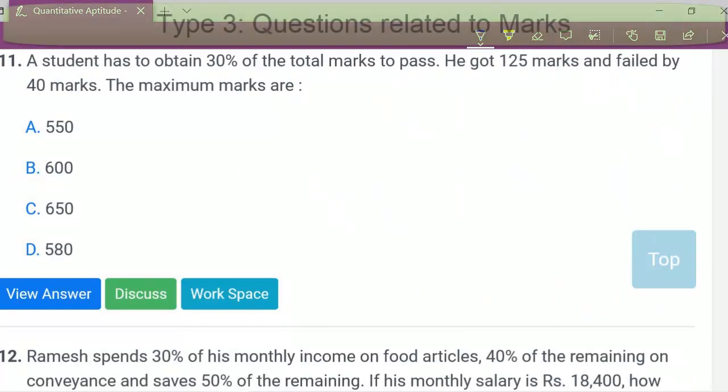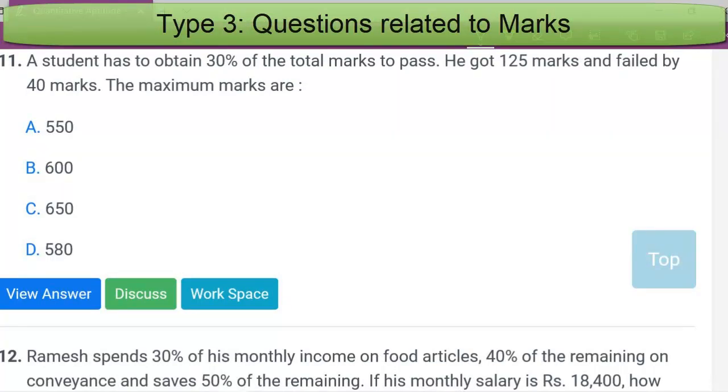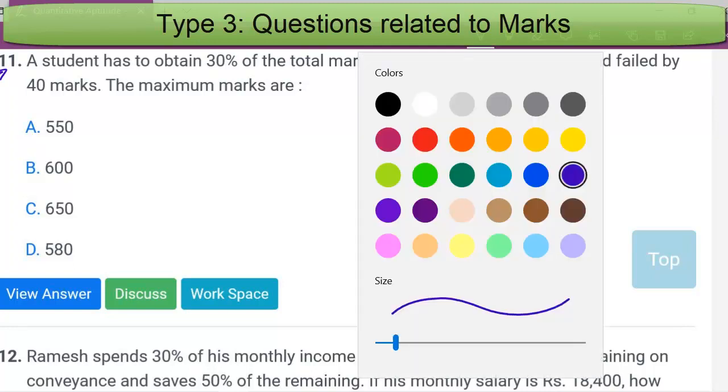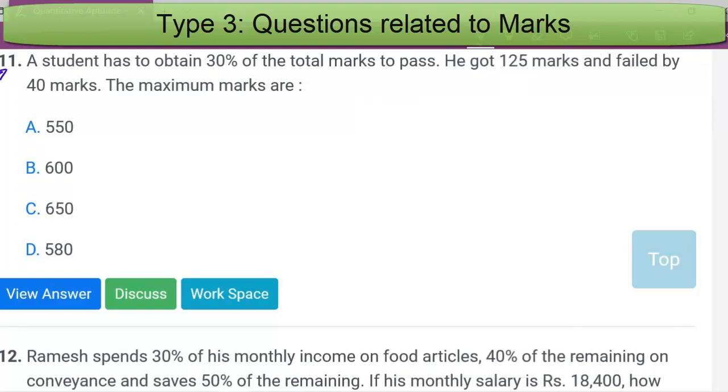So let's take the next question type, which is question number 11 here. The question says that a student has to obtain 30% of the total marks to pass. He got 125 marks and failed by 40 marks, so the maximum marks are?